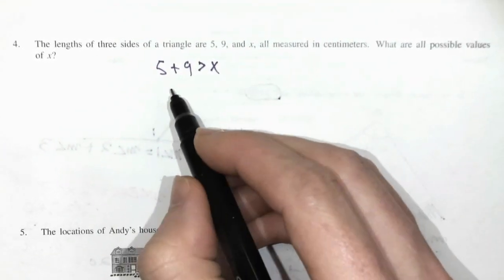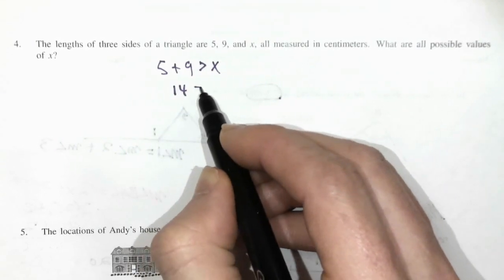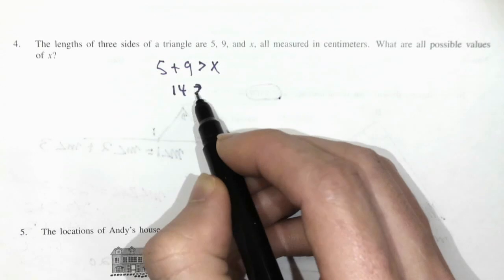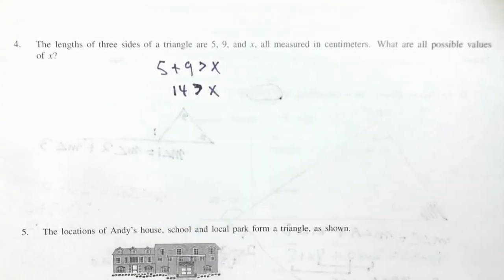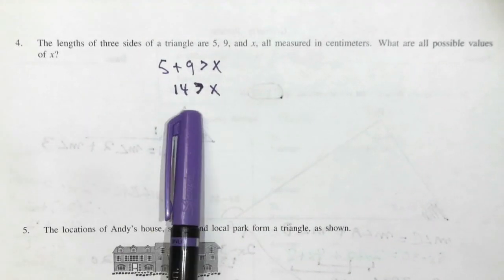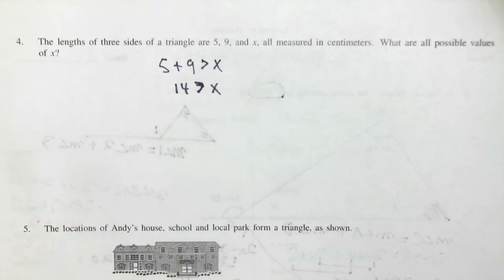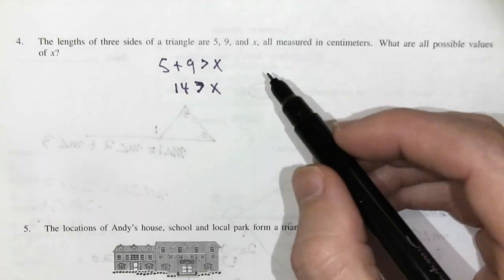So 5 plus 9 is 14. So we know that x needs to be less than 14. If x is anything greater than 14, then it would be larger than 5 and 9 together. That would be no good.